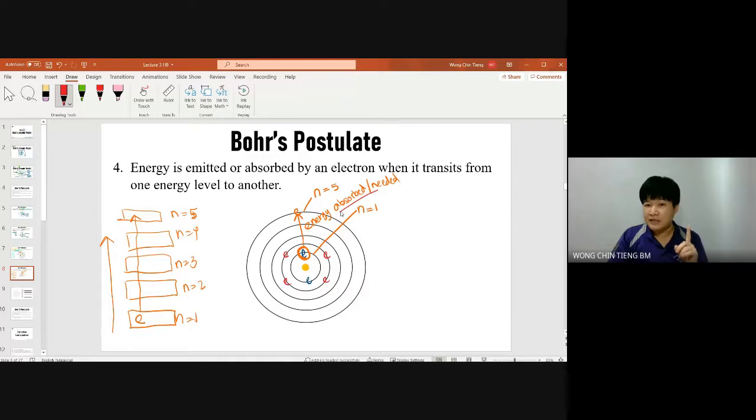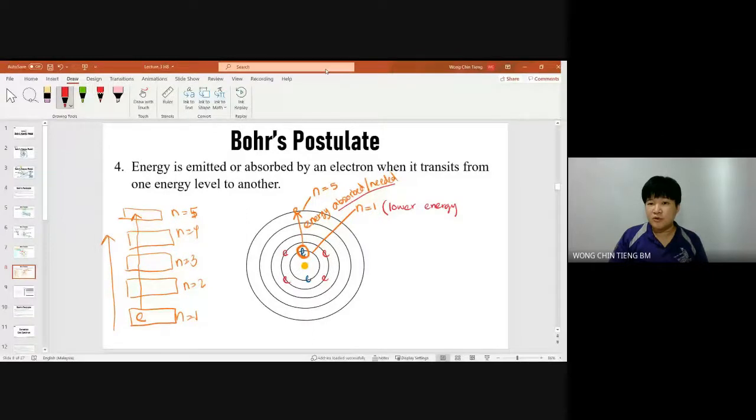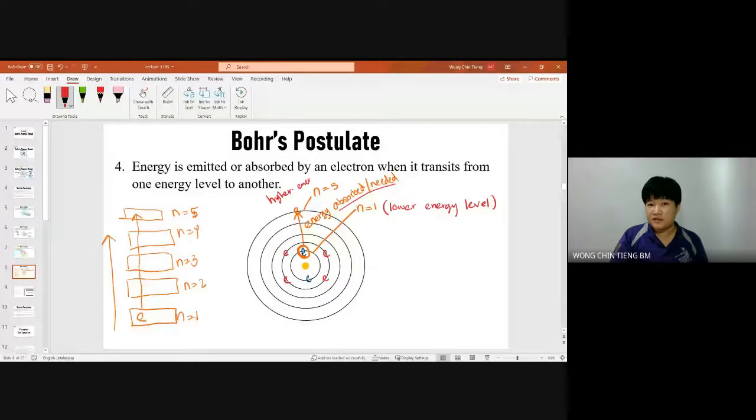I have another keyword over here: lower energy level and also higher energy level. Over here, your lower energy level is 1, your higher energy level is 5. If you're moving from n1 to n5, that is your lower, that is your higher, and energy will be absorbed.